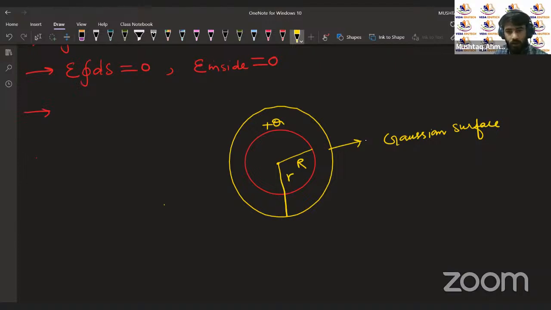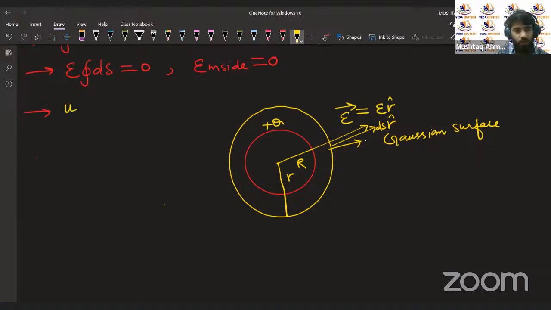And let's suppose this electric field is directed radially outwards. So the electric field vector, let's suppose E is the magnitude and r cap is the direction of this vector. And the direction of the surface vector of this Gaussian surface is also along r cap. We can write it as ds r cap, correct?